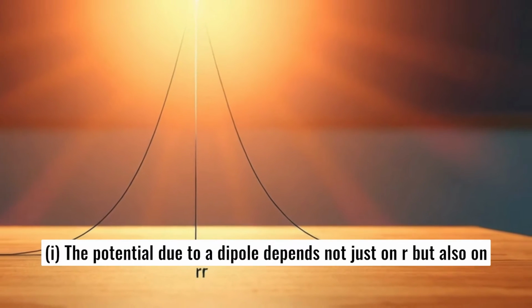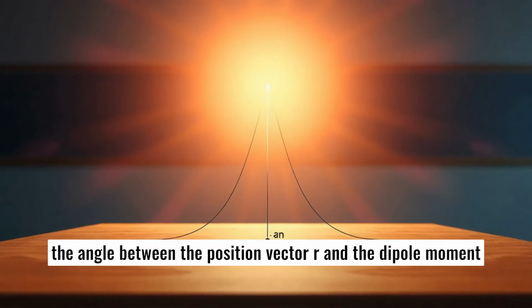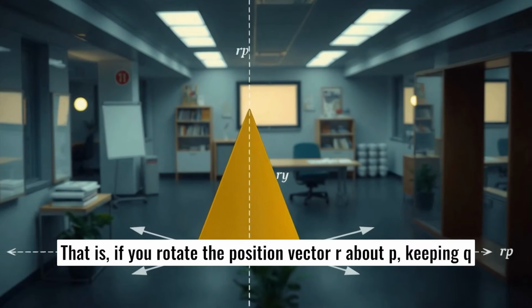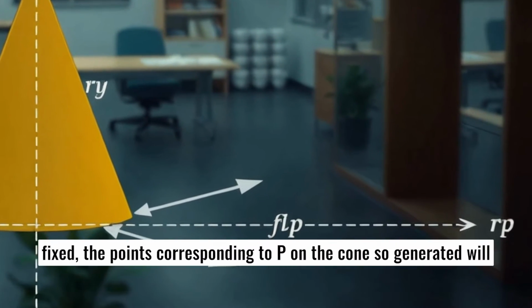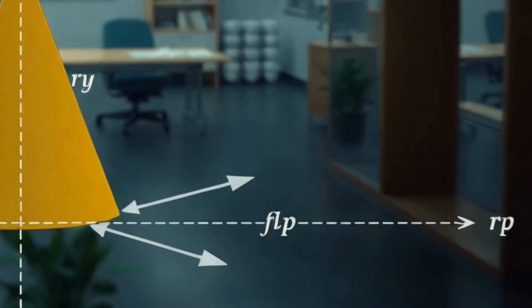The potential due to a dipole depends not just on r, but also on the angle between the position vector r and the dipole moment vector p. It is, however, axially symmetric about p. That is, if you rotate the position vector r about p, keeping theta fixed, the points corresponding to P on the cone so generated will have the same potential as at P.